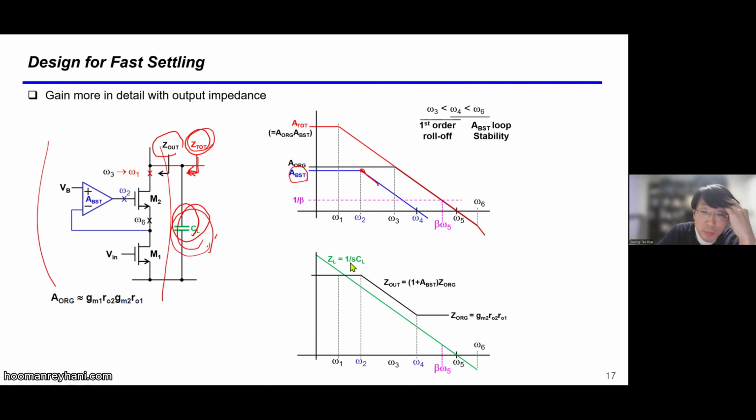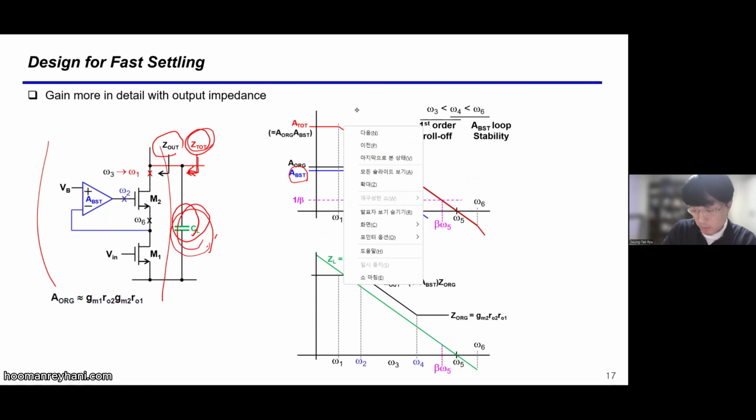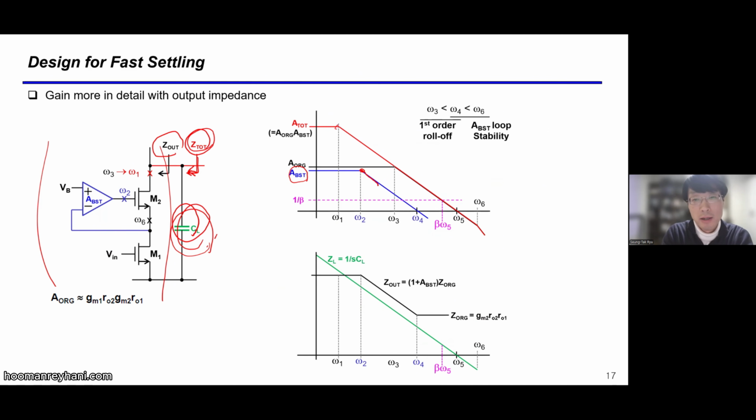Let me explain again. Omega 1 is determined simply, you can think, by the gain bandwidth product, GBW. This is just a gain bandwidth product.